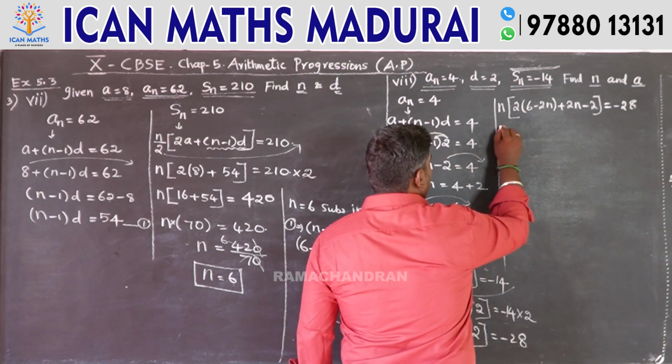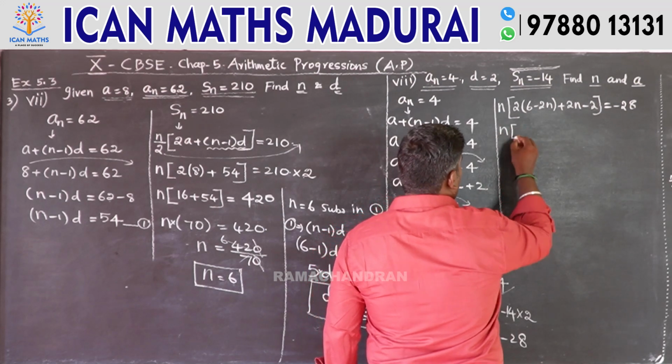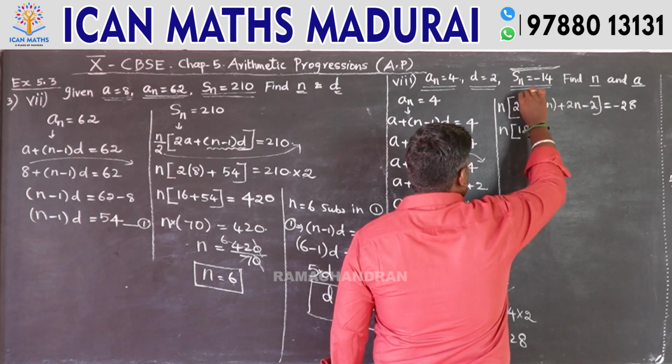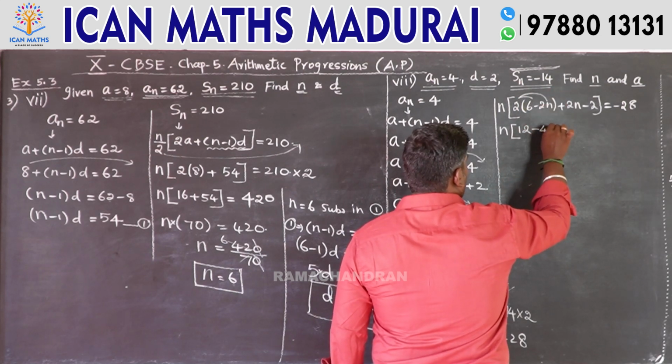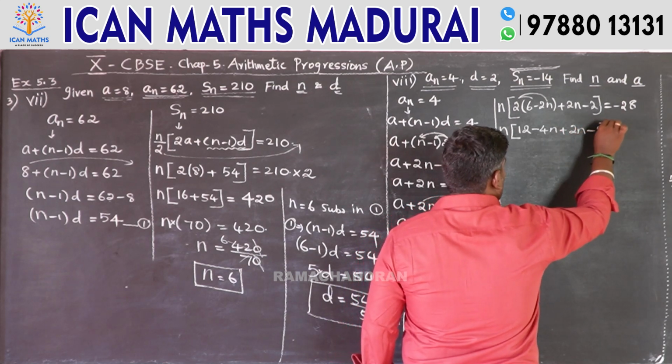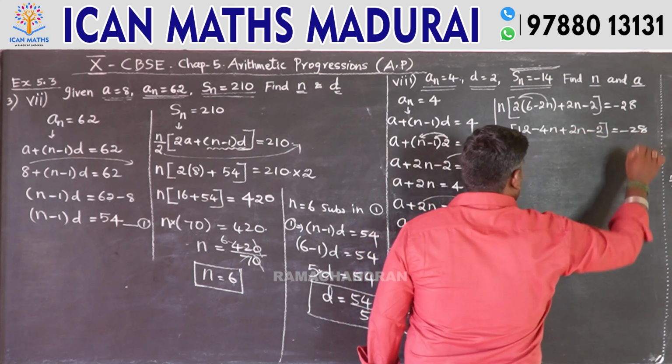Now we can solve here. n into 2, 6 are 12. 2 into minus 2n, minus 4n. Here again plus 2n, here minus 2 is equal to minus 28.